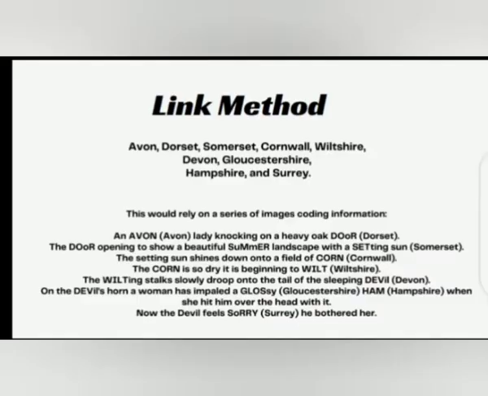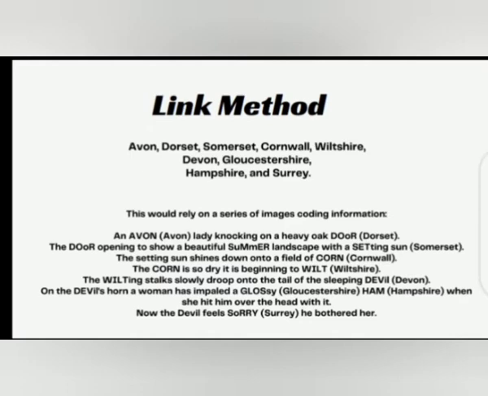Now, for the link method, we want to get each of them to interact with each other, and this would rely on a series of image coding information. So you're forming images in your head for them to relate with each other as you go on, so that when you're trying to recall, you can just remember how they follow each other and what you used to link them.